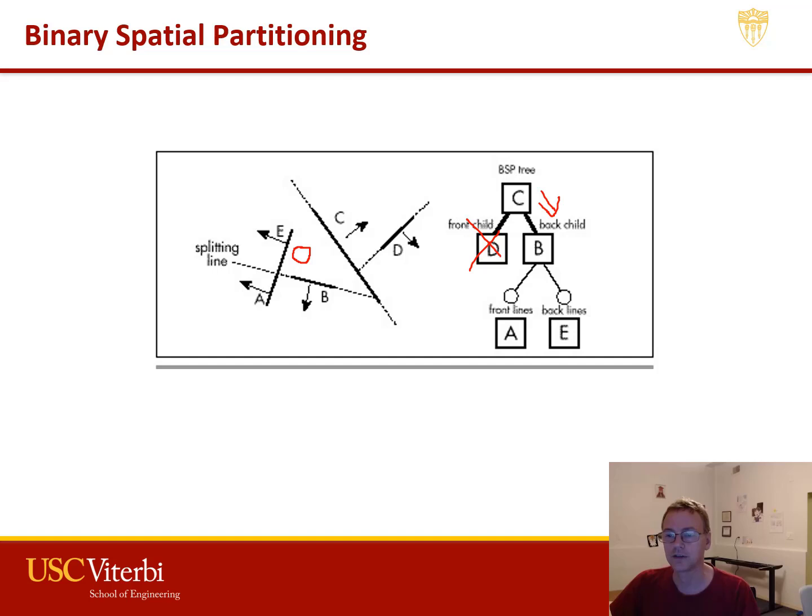And then is it in front of or behind B? It is behind B, so we do not go this way, we go this way. And then we say, is it in front of or behind E? It is behind E also, so it's going to go this way down the tree. And that's how we traverse down the tree to see what is visible and what is not.